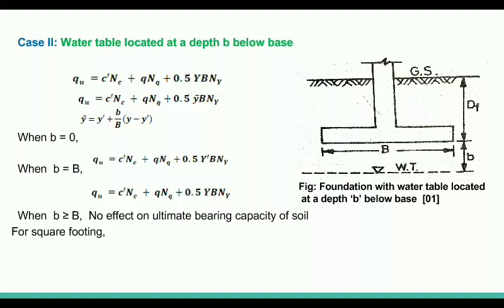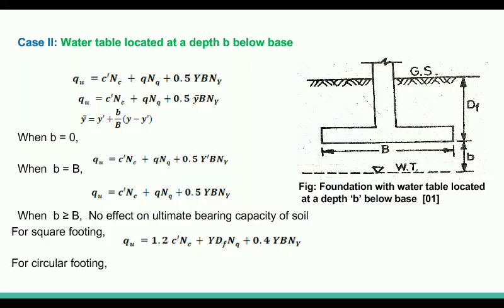So all this formula, whatever I have discussed in case 1 and case 2, is valid for the strip footing. Now, if the shape of the footing is square, we can use this formula. In other books they have written 1.3, but I am taking 1.2 C Nc. So for the square footing, we can use this formula.